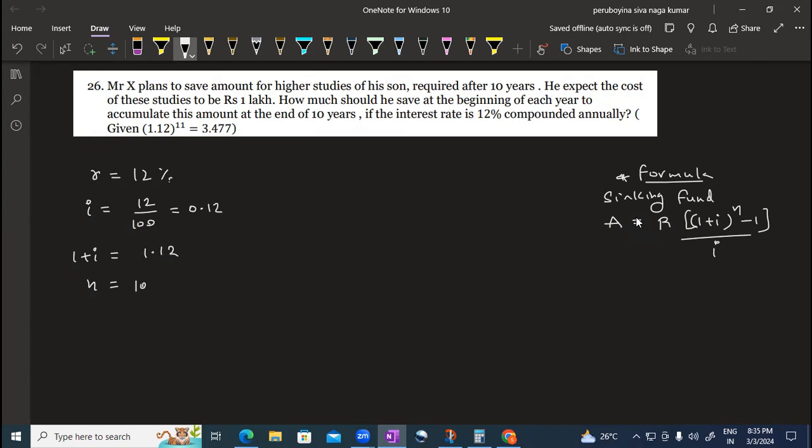If he is paying the installment at the end of the period, this is the formula.